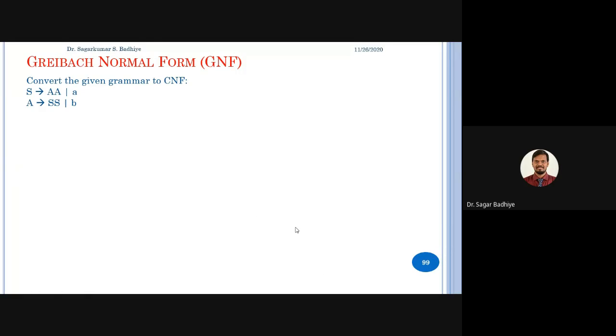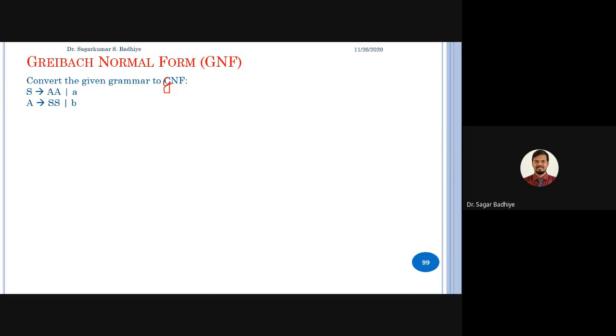So this is a context free grammar which is given to you, and again there is a typing error over here. It should be: convert the given grammar to GNF. So we'll convert the given grammar to GNF as this is already in CNF, right?